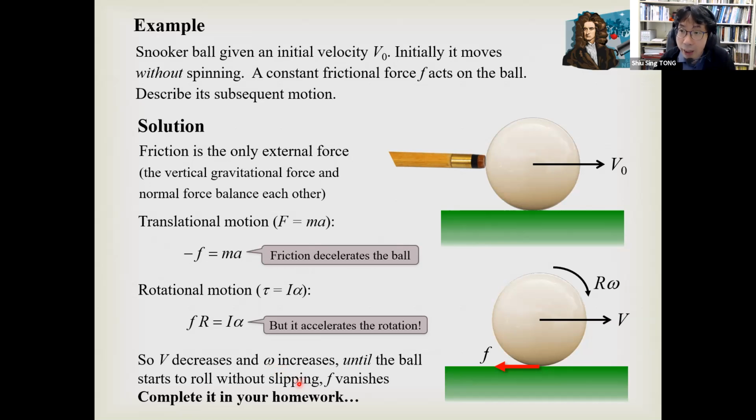When you equate v with r omega, you get a time t at which the pure rolling condition is satisfied. So that allows you to solve for the time when pure rolling first occurs, and you can now solve for the relationship between v and omega for the rest of the motion. Okay, so you now want to complete this in your homework.